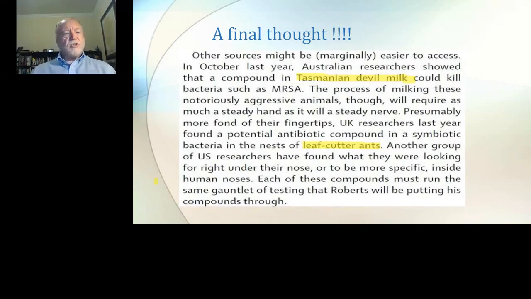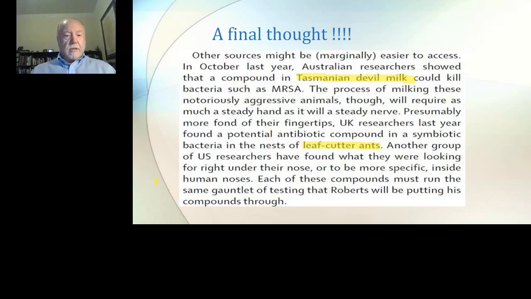So, just to show you the ingenuity of microbiologists and where they look for the next penicillin, a couple here that caught my eye. One is the Australian researchers that actually found in the Tasmanian devil milk, so clearly, not an easy source to get at, but milk from Tasmanian devils would actually kill MRSA. But as it says here, milking Tasmanian devils is not an easy process.